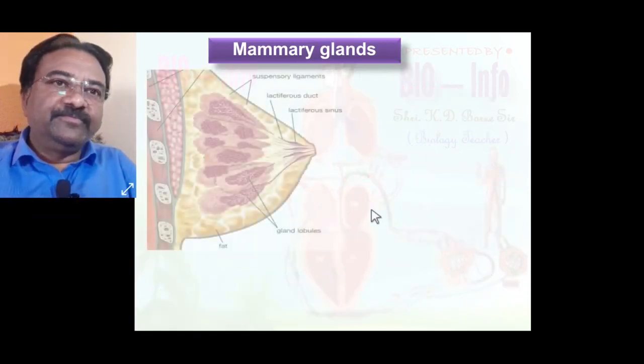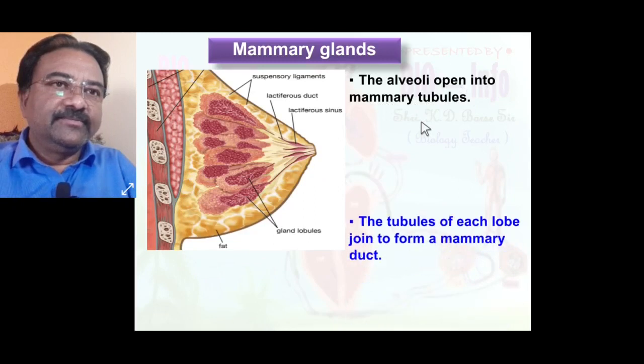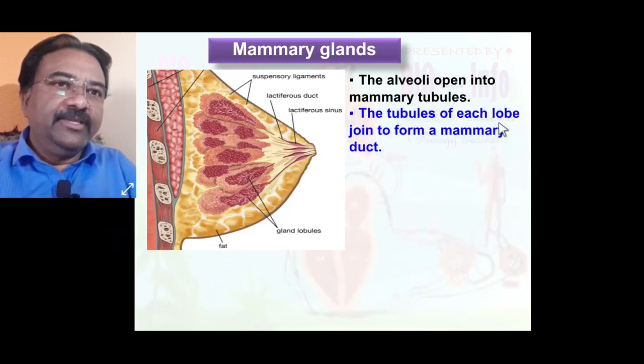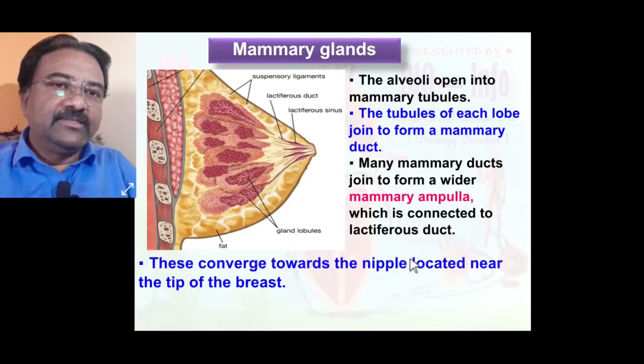Now the alveoli open into mammary tubules. The tubules of each lobe join to form a mammary duct, and mammary ducts join to form a wider mammary ampulla. These are the mammary ducts joined to form the mammary ampulla, which is connected to lactiferous ducts.